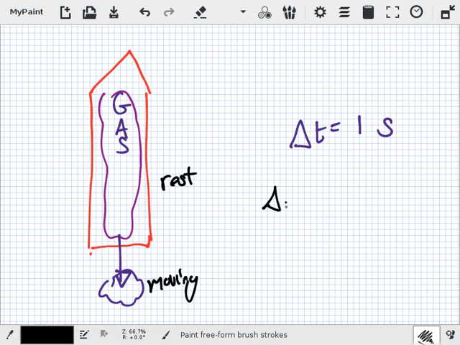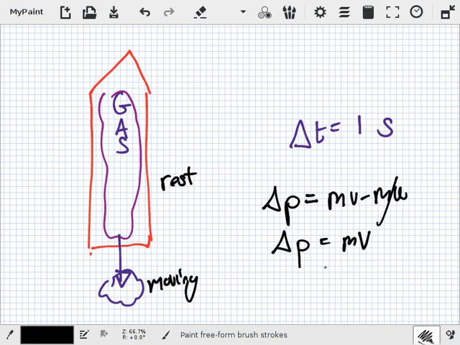So its momentum changed. You have mv minus mu. Now, which one is zero, the mv or the mu? Mu. So the delta P is mv. Is v up or down in this picture? Down, so it's negative. So you can say that the delta P is less than 0.